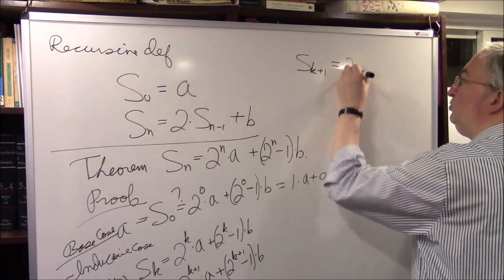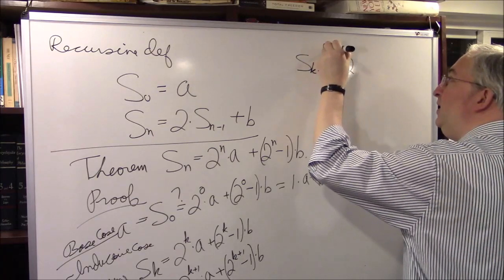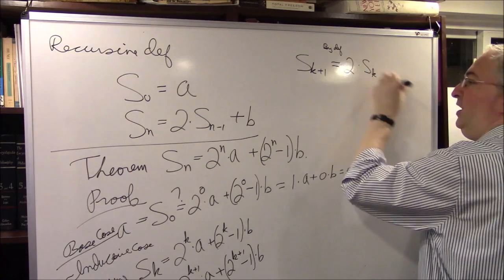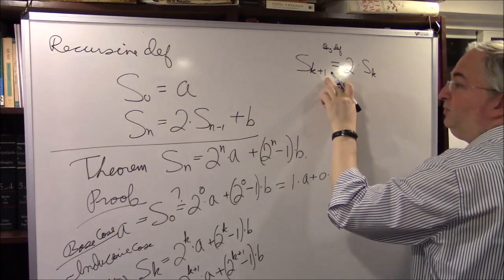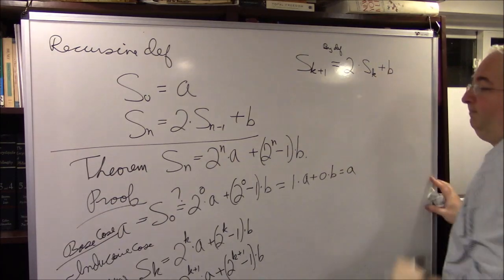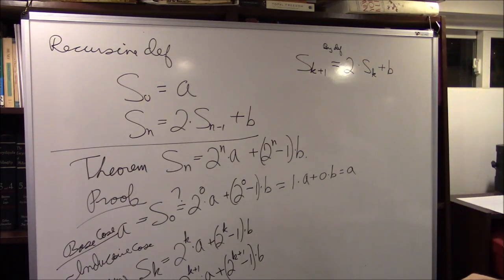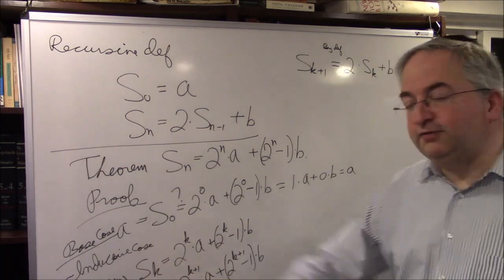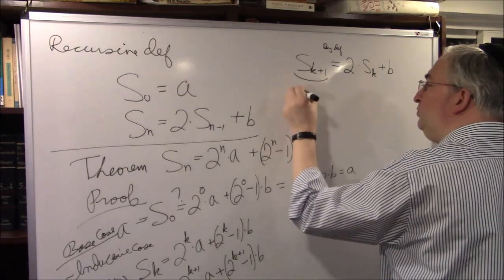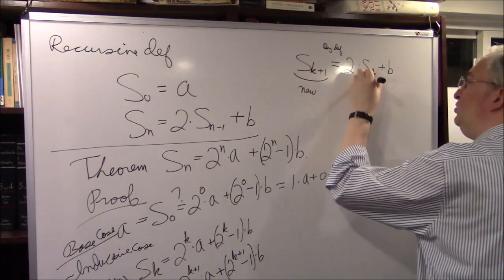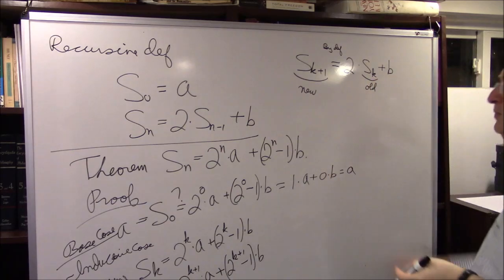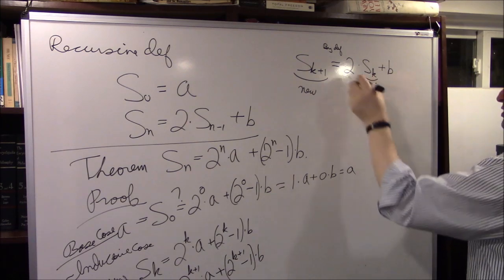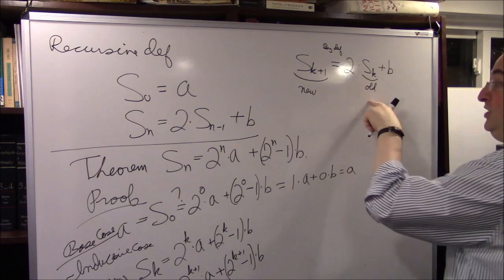By definition, this is equal to 2 times S of k, since k plus 1 is in terms of k, plus B. Okay, great. The only thing is, I assumed something about S of k. This is the new in terms of the old, but we have to fix it up. These two things, 2 times it and plus B, are the fix up. Let's use our assumption here.